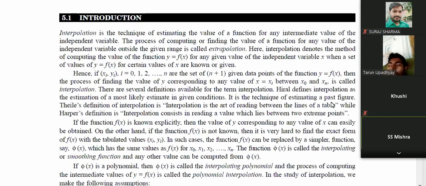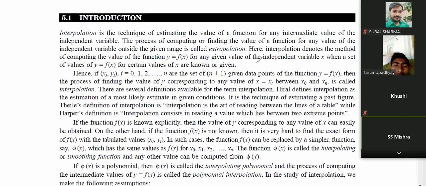This is the data as I explained right now. If it starts from 0, then there are n plus 1 data points.